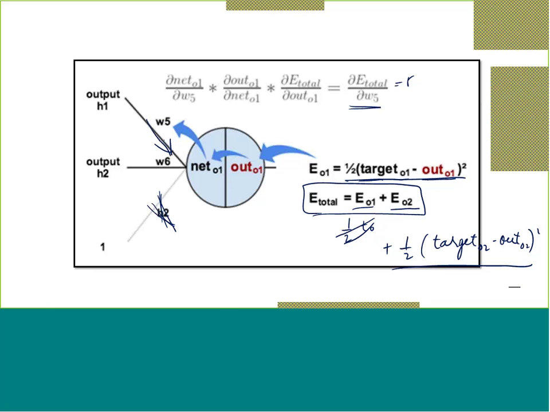So how will I get it? This is the chain rule. If you recall that differentiation rule, I am differentiating the total error with W5.